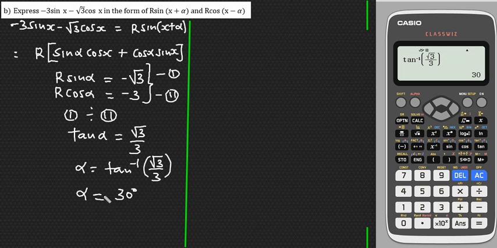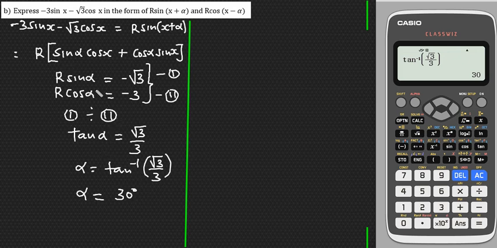So if we take our alpha to be acute, we shall use this, but don't forget tan is also positive in the third quadrant, where we can have alpha to be 180 plus 30, but we are going to take our alpha to be acute.